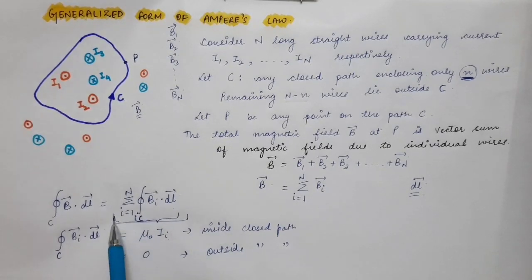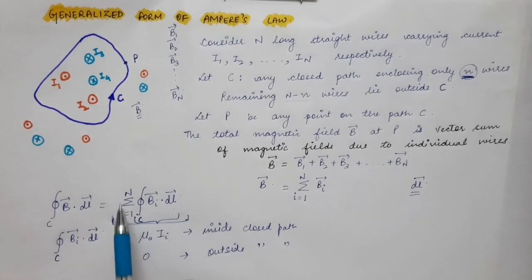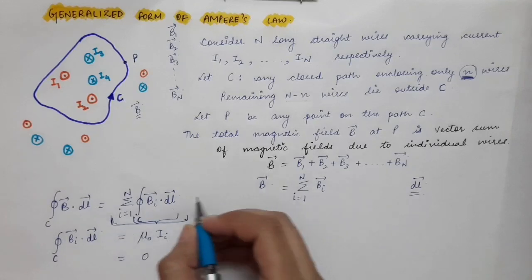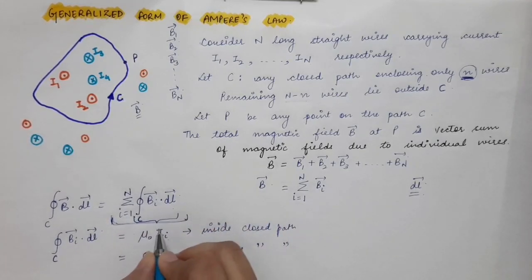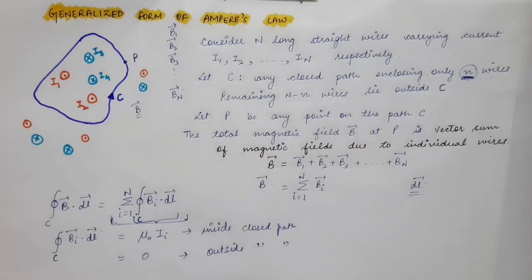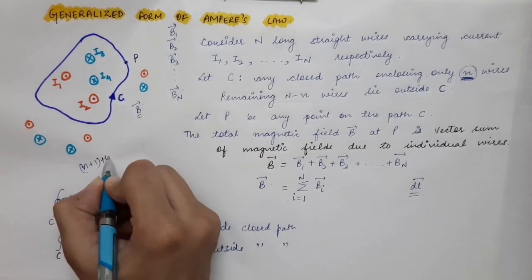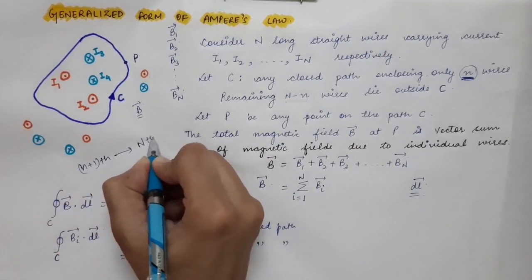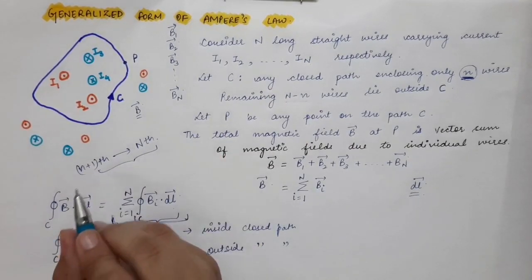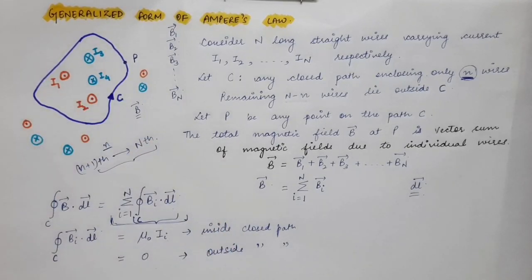So what will be this summation on the right hand side? So summation will only go from 1 to small n, and the summation from n plus 1th wire to Nth wire will be equal to 0, because from n plus 1th wire to the Nth wire we have supposed that these wires are present outside the closed path and only n number of wires are present inside the closed path.